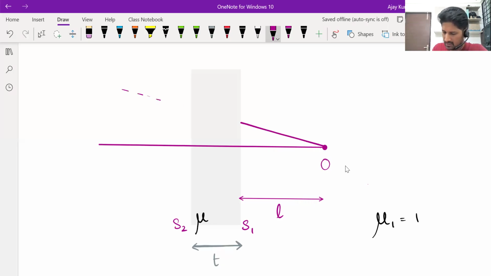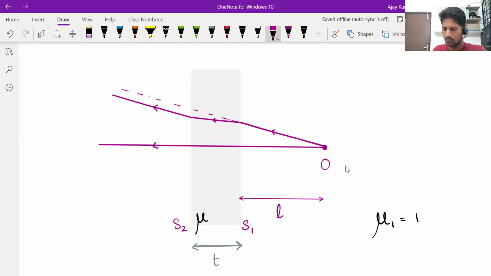So the original ray travels this way. And here, when it enters from air into glass, it bends towards the normal. So make it bend somewhat like this. Again, when it enters from glass into air, it has to bend away from the normal. So this is the final ray that emerges out of the glass slab.